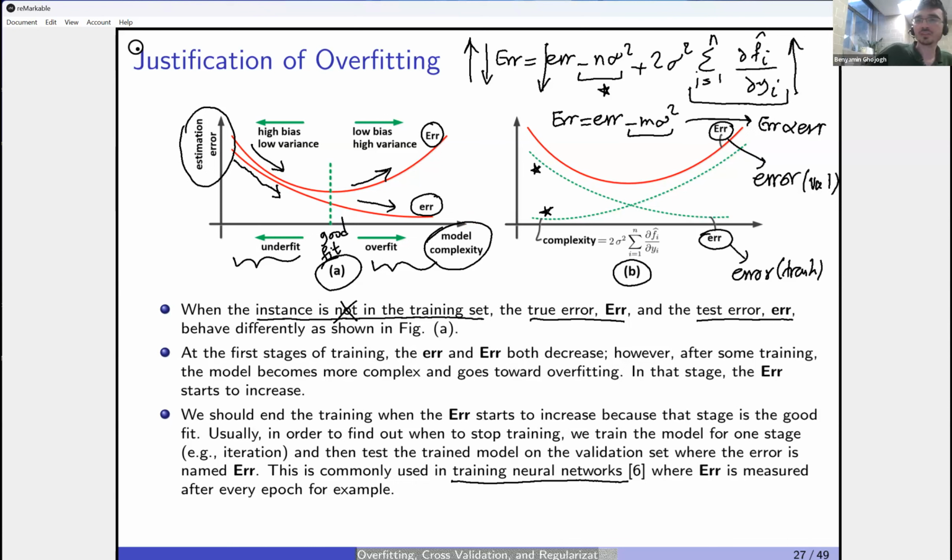So if your machine learning model is trained iteratively, then you can see this axis as training iteration. Maybe your model is not trained iteratively. It is trained in one shot, but you can design it to be either less complex or more complex. Then you can see it as model complexity, something like this.